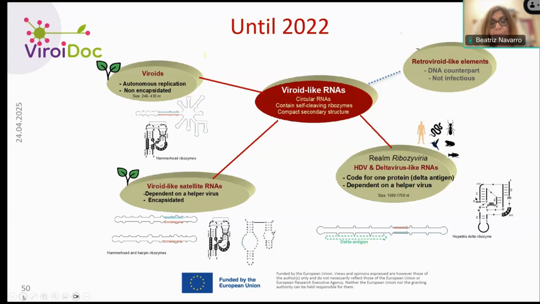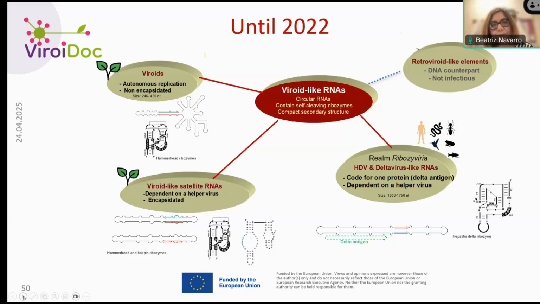But this hypothesis has a weak point, because if it's true, then you expect to find these viroid-like RNAs also in all the life kingdoms. So another question is, why so few?